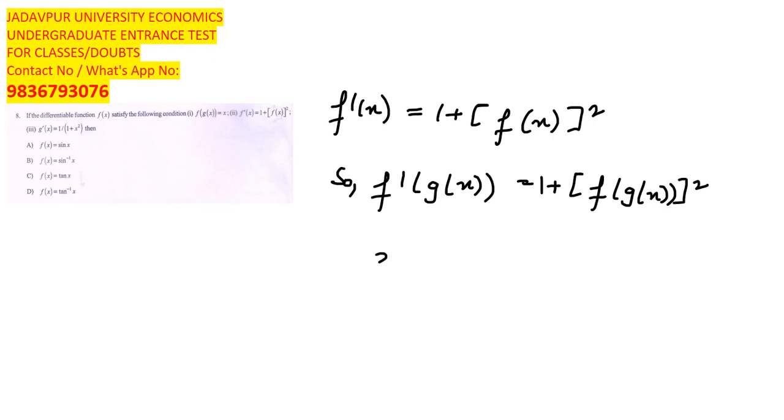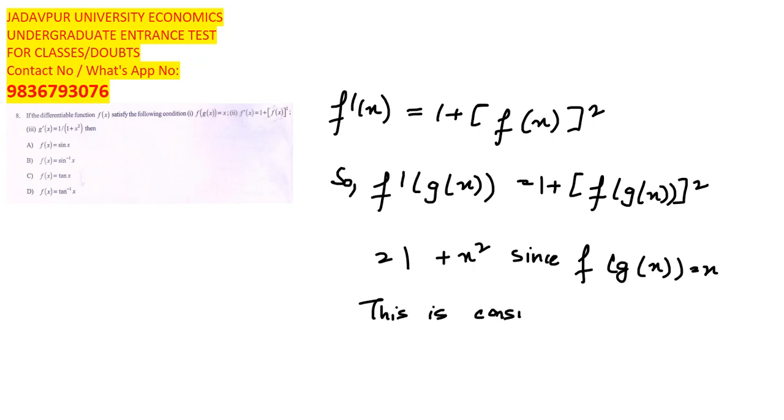This is 1 plus x square. Why? Since f of g x is equal to x, so this is consistent. Correct. Now we need a function f of x such that f prime x is equal to 1 plus f of x square.